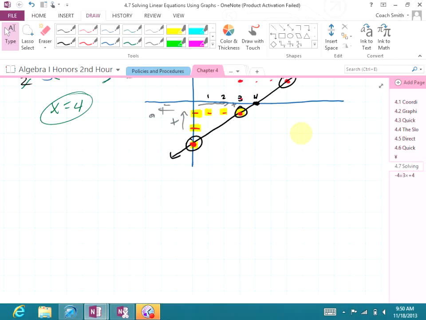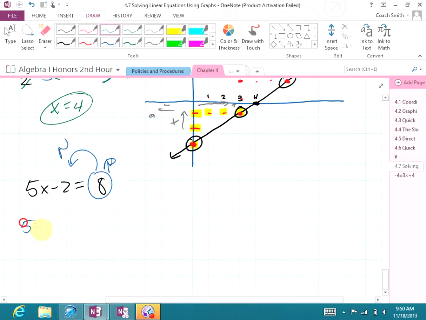All right, let's look at number 30. Number 30 says 5x minus 2 equal 8. Okay, so take the 8 over here, it becomes a negative. It's a positive here, becomes a negative there. So that's 5x plus negative 2 plus negative 8 equal 0.